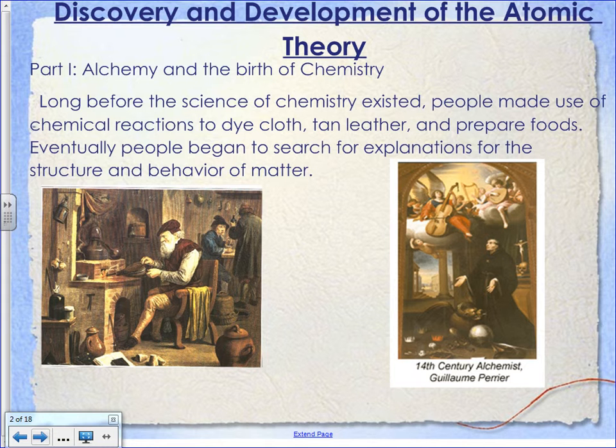But along the way, they learned a lot of things about the behavior and the structure of matter, and those things were then later used to develop essentially the science of chemistry. The problem with alchemy was there wasn't any communication between alchemists. They didn't want to give away their secrets. Not like real scientists who are always communicating their stuff and publishing papers and trying to get together on ideas about how things work.